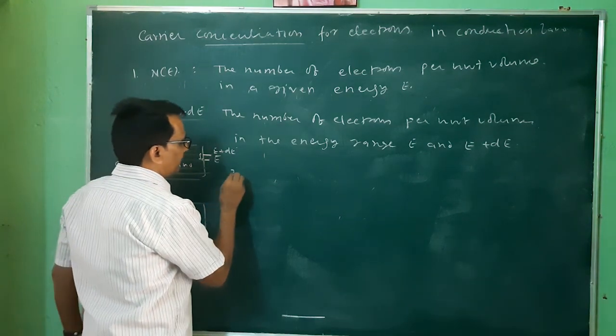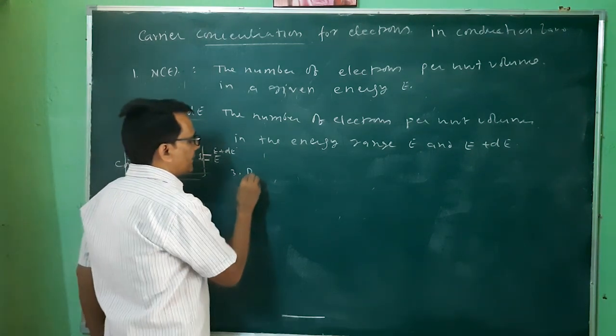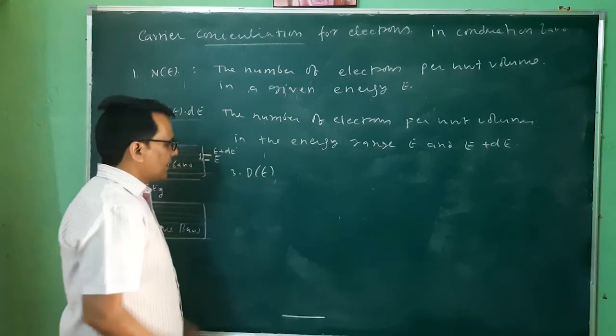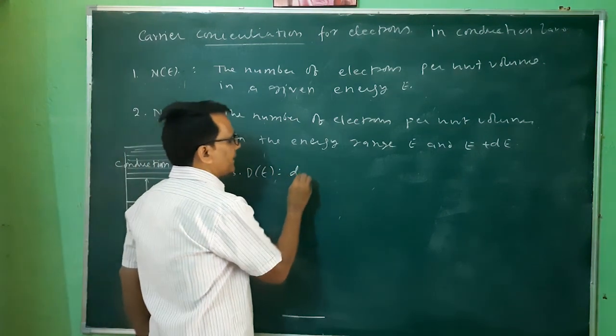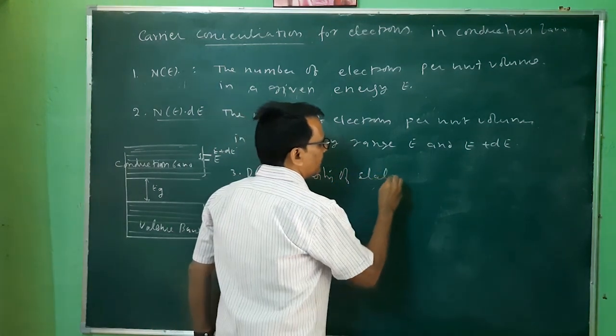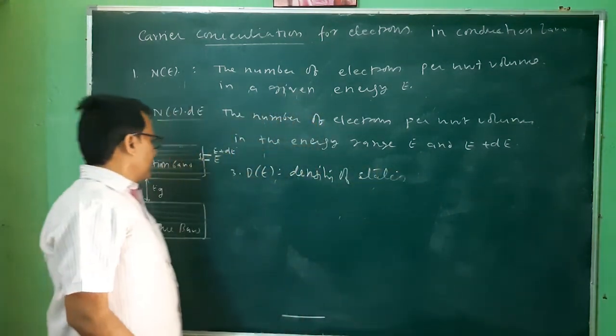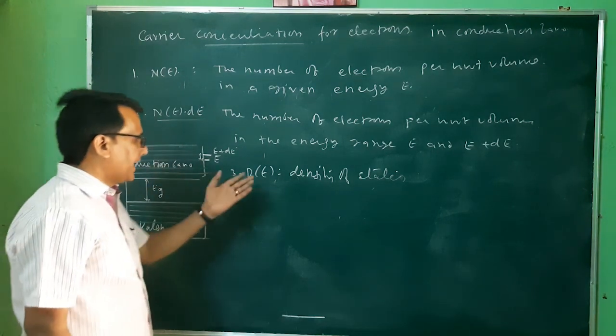Now the third term we are going to use is g(E), which I think I represented in the previous lecture. This is the density of states. These empty lines are the density of states.